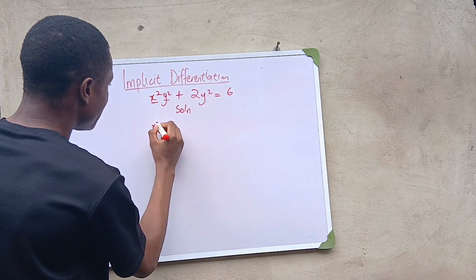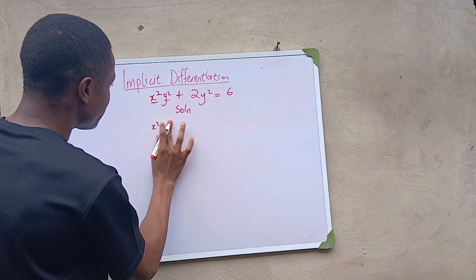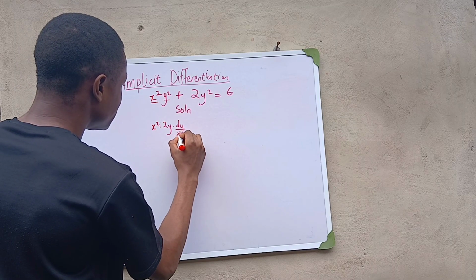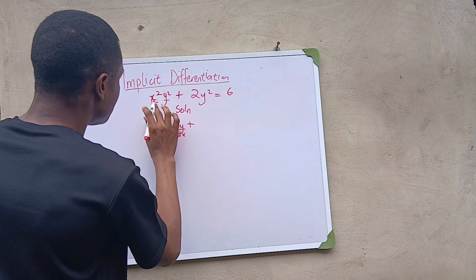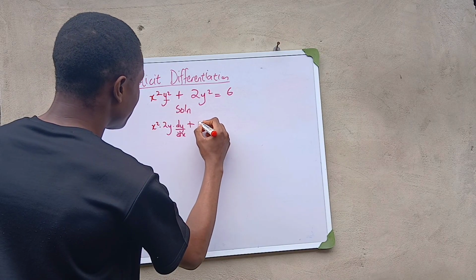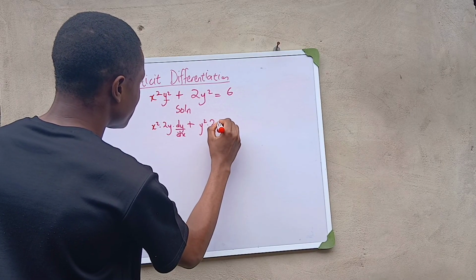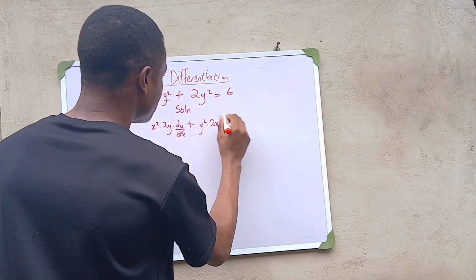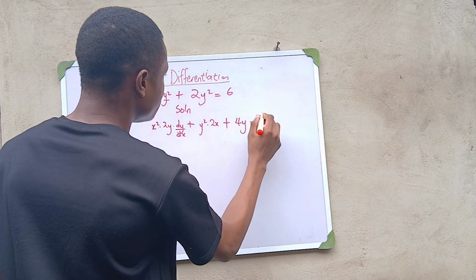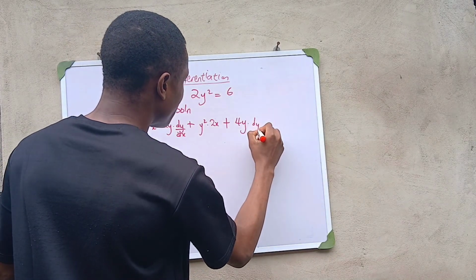So using the product rule, we keep this constant and differentiate this first. So we have x squared times differentiating this, we have 2y. We attach the dy/dx because we have differentiated y, plus. Now differentiating this and leaving this constant, we have y squared times differentiating this, we have 2x, plus differentiating this, we have 4y dy/dx.